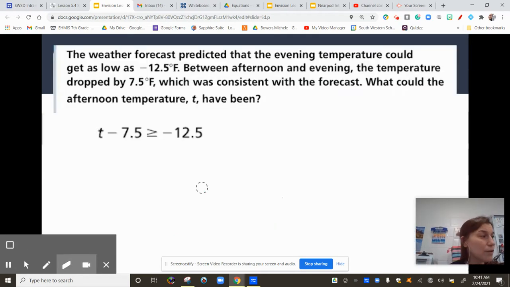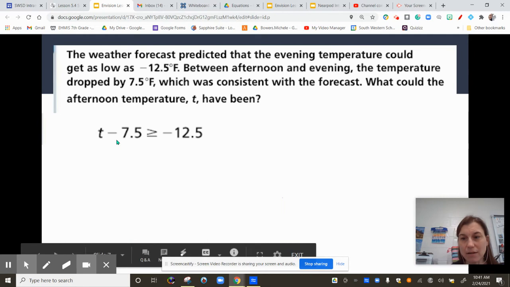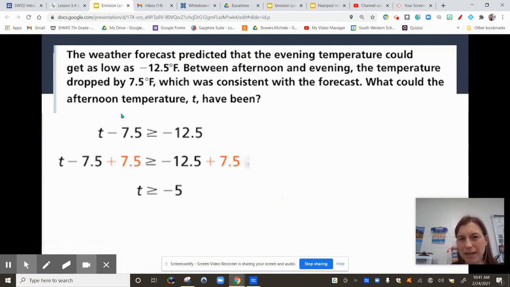And in your book, they have this inequality written, which we just wrote together, and then they solve it. So when they solve this inequality, they add 7.5 to both sides because that's the opposite of subtraction. You should notice in your book, whenever they add, they rewrite and they actually solve horizontally instead of vertically.